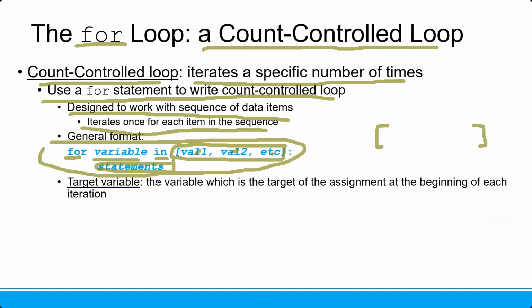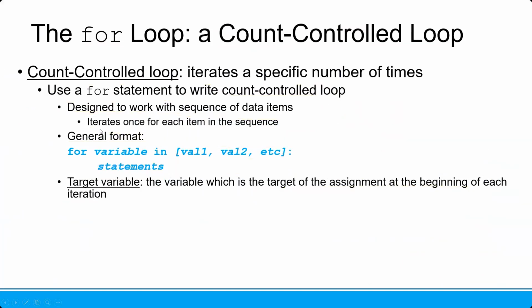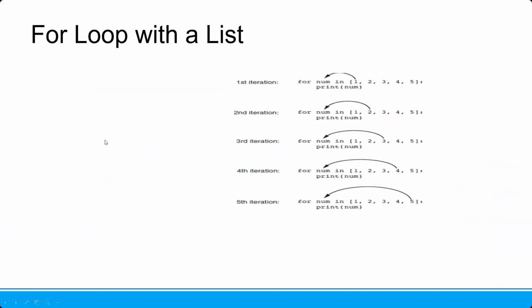The target variable is the variable which is the target of the assignment at the beginning of each iteration. So let's see one by one. I'm not explaining lists now, but just look at this one. I have a for loop, and then I have a variable num.